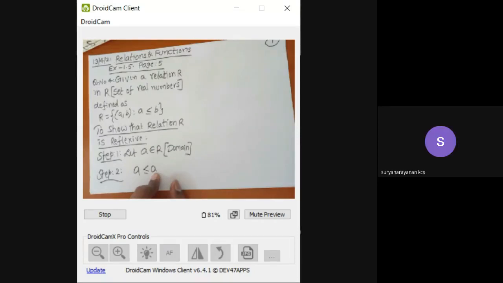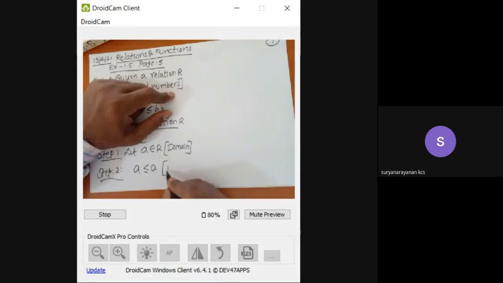Sir, for every real number, it is a true statement. If you take any real number, suppose 4, then 4 is less than or equal to 4, which is true. If you take minus 3, minus 3 is less than or equal to minus 3, which is true.